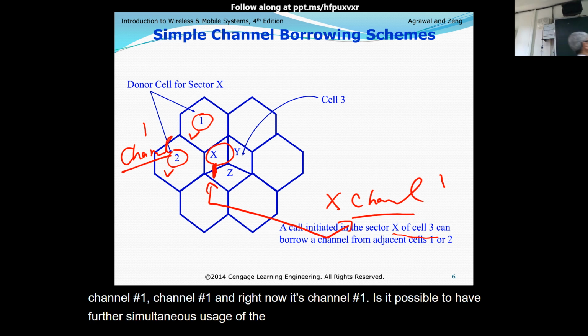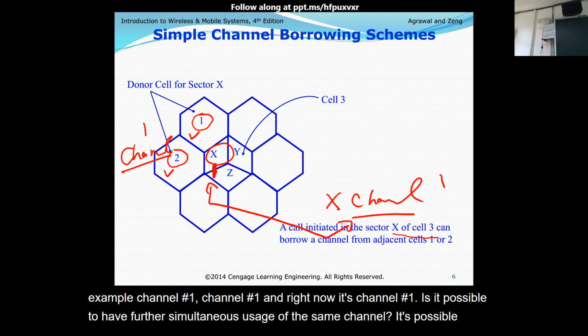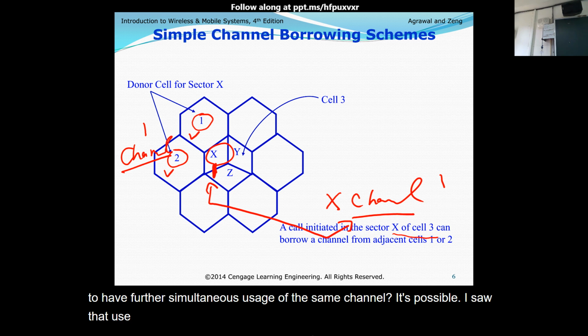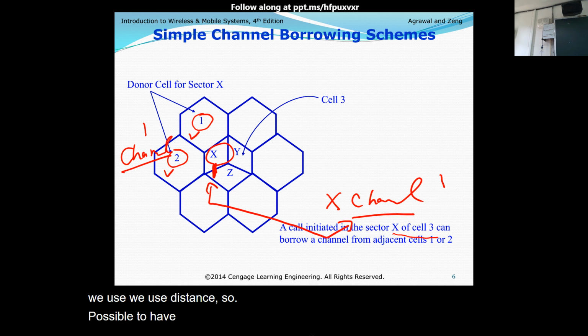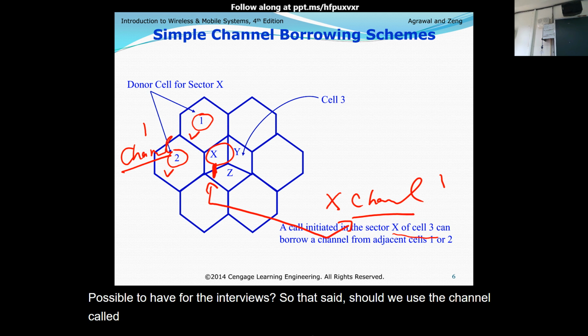It's possible. The current sector X uses that channel, and the reuse distance is shortened. Because of the shortened reuse distance, it's possible to have interference. So should we use the channel that causes interference? Actually, no. We need to care about this.